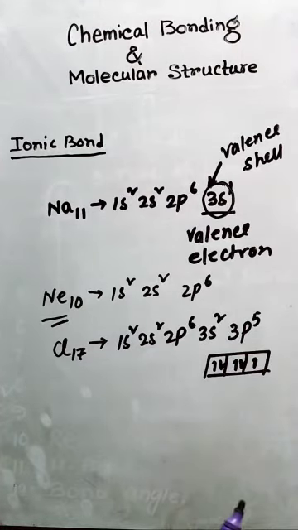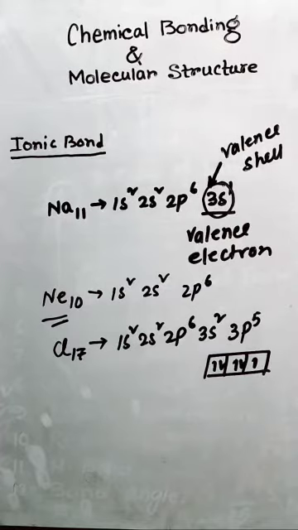And the nearest noble gas of the chlorine atom is argon, which has 18 electrons, that is 1 electron more than chlorine. Here chlorine requires 1 electron to acquire the octet electronic configuration like argon, and sodium has to remove 1 electron to acquire this stable electronic configuration.